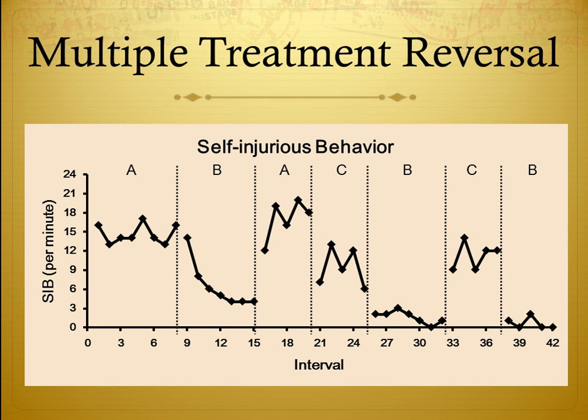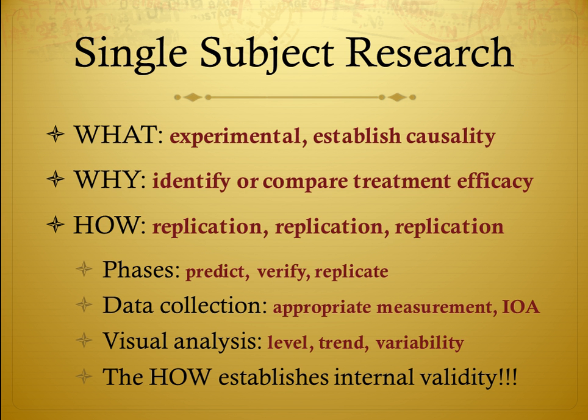And then by the end of the study, for intervals 38 through 42, the self-injurious behavior is down to 0 on 3 of those points. That would be very interesting to me, and I would want to know what was going on during those B phases. What was the intervention being implemented at that point?